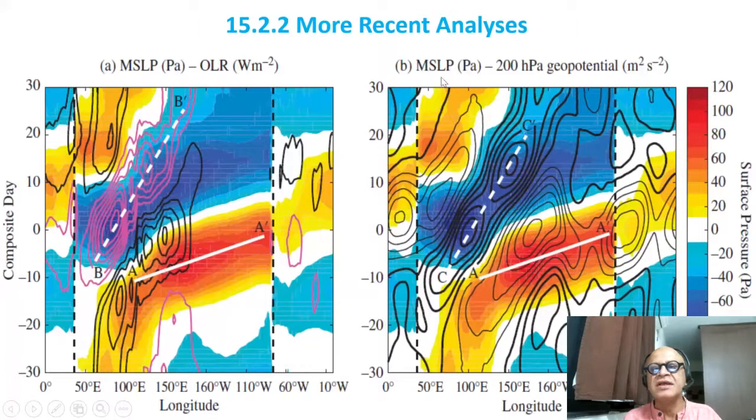This is looking at mean sea level pressure and 200 hectopascal geopotential, basically indicating that the MJO related convection is occupying the entire troposphere, and this is again geopotential showing strong signals associated with the perturbation of the convection, associated vertical stability change, and so on and so forth.